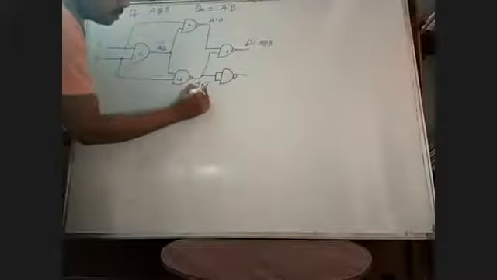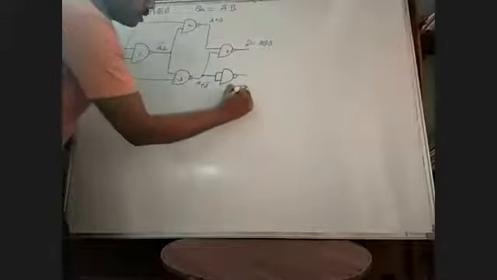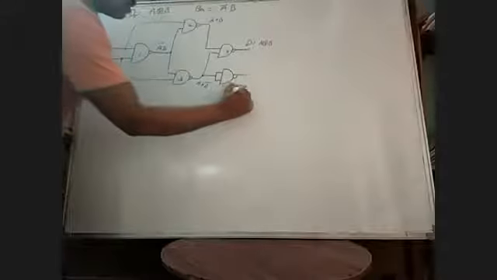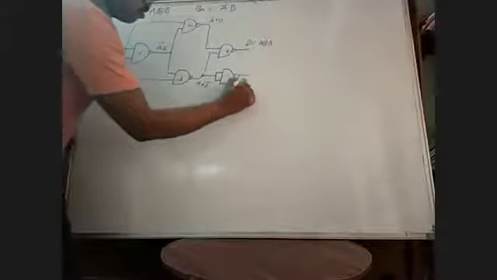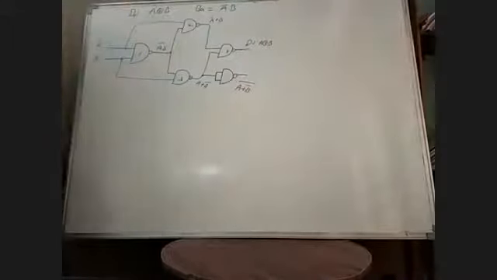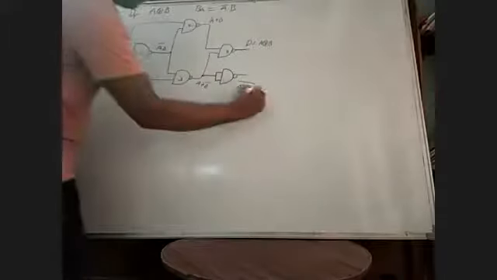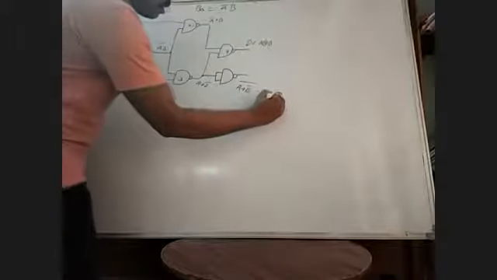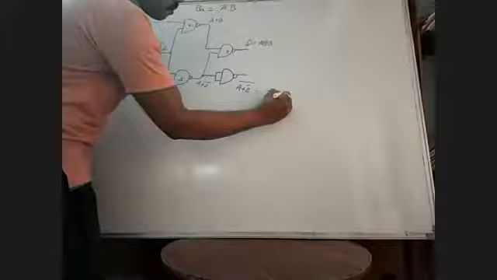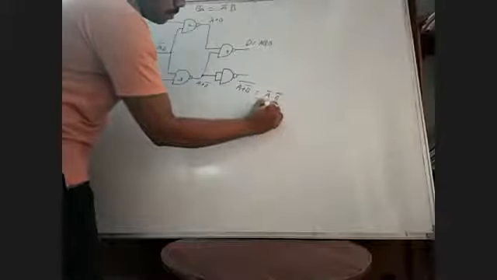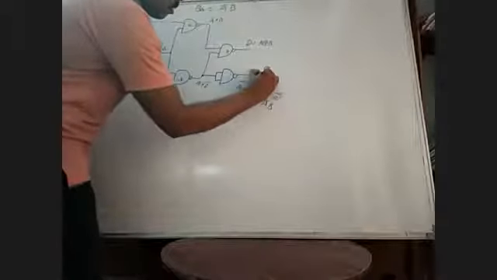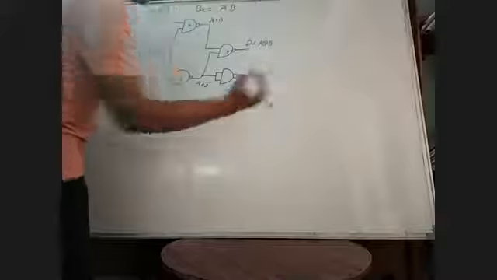This is A plus B bar. We can write this as A plus B bar whole bar. Apply the De Morgan's law again. A bar into B double complement. We can write this as A bar into B. This is your borrow, A bar into B.